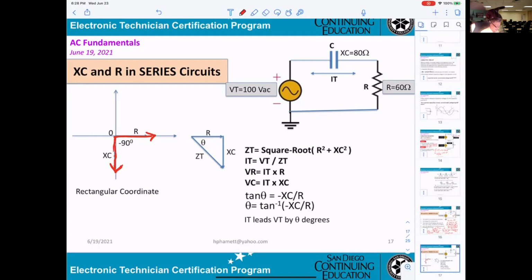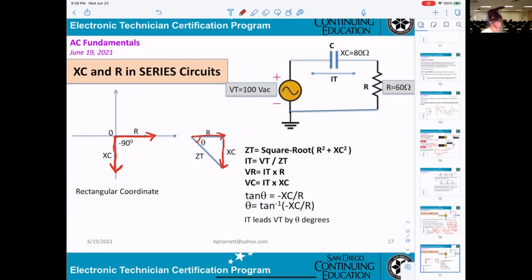So now we need to draw vector R here. I start from here, R goes this way, XC goes down here. When you draw that, you get ZT, and the phase angle here will be theta.